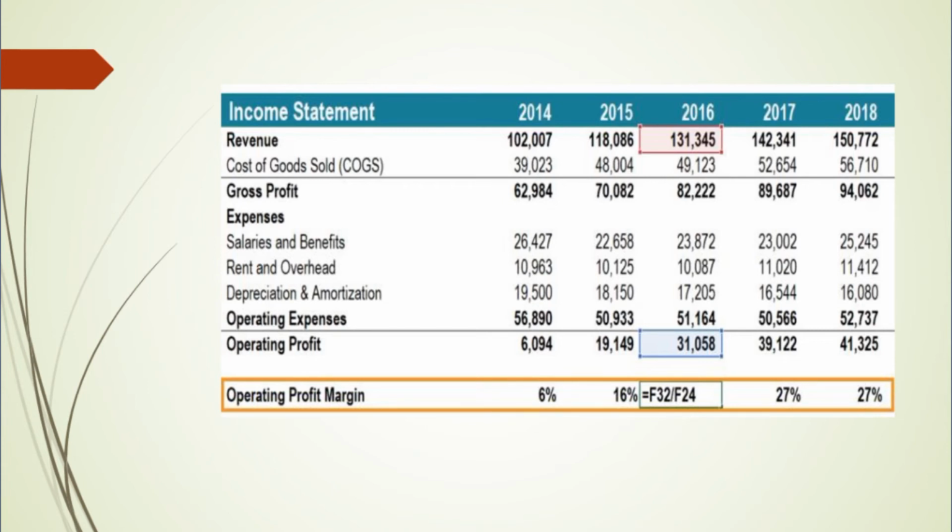70,082 pesos. The expenses are salaries and benefits 22,658, rent and overhead 10,125, depreciation and amortization 18,150, and the total of operating expenses is 50,933, and operating profit is 19,149.